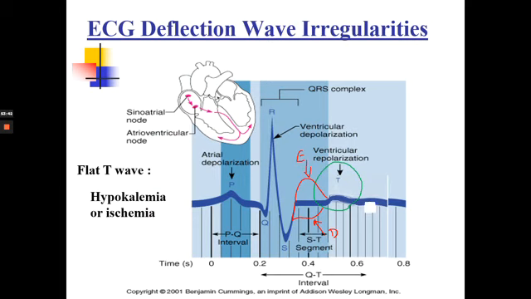The isoelectric line is the TP interval.